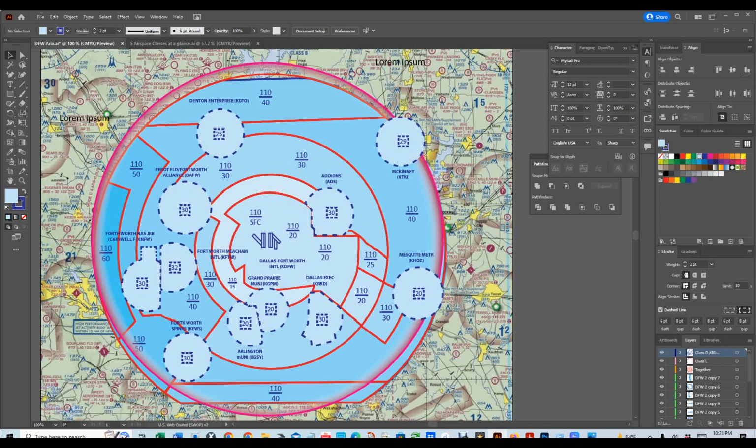This one starts at 3,000 and goes up to 11,000 feet. This would be 11,000 feet, and it would start at 4,000. You would add 2 zeros to these numbers, and those you're going to see on SkyVector.